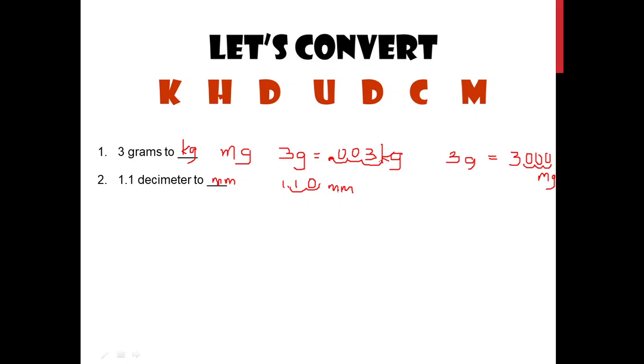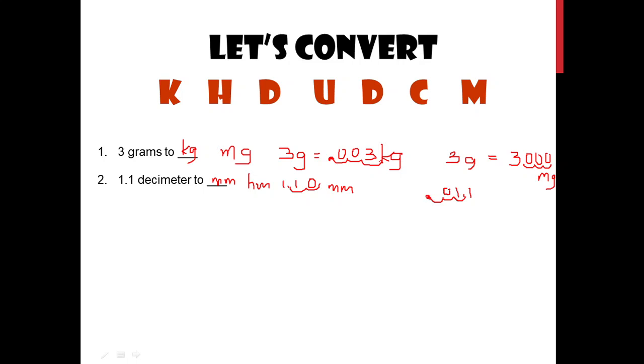Okay, so again, I want to convert my 1.1 decimeter to hectometer. So again, I want to write my original value, that's 1.1, and then locate here in my guide. Decimeter is here, and then I want to convert it to here, hecto. So from my decimal point, I will going to move 1, 2, 3 decimal place. So from here, I'll move 1, 2, 3, and my decimal place is here.